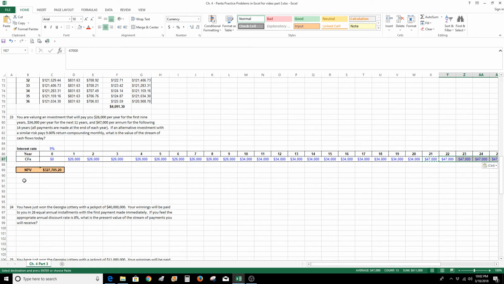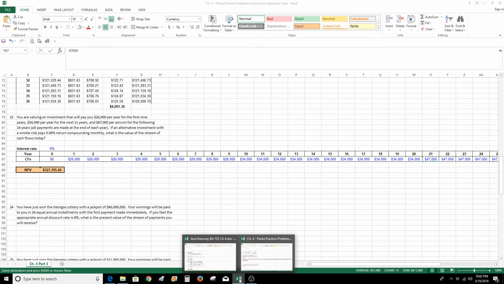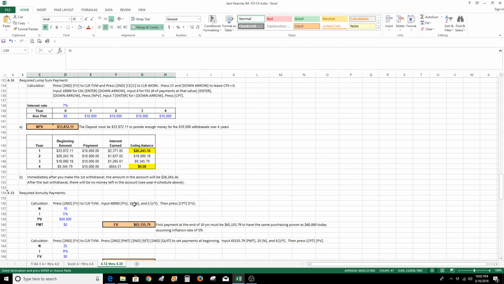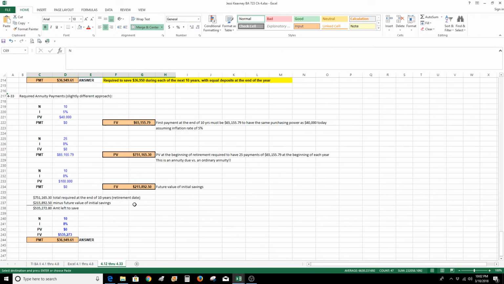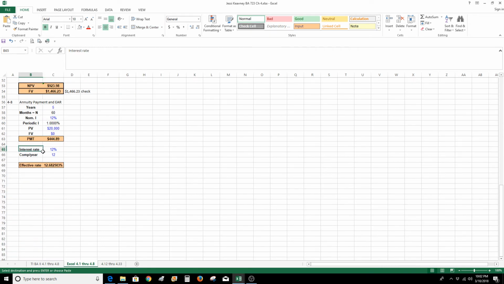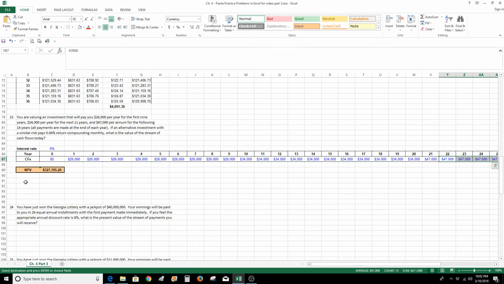Okay, now it's saying 9% return compounding monthly. Okay, so we want to find where we have that effective rate. There it is. So copy that, go back over here and paste.